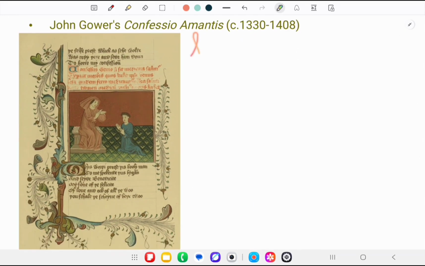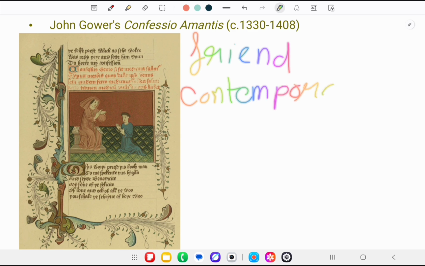Next one is John Gower. He was a friend and contemporary of Chaucer.